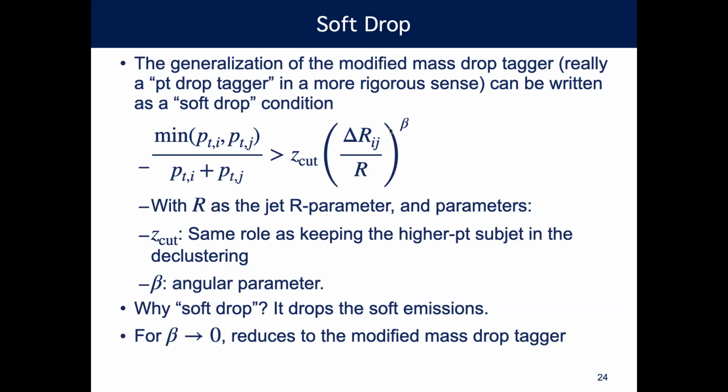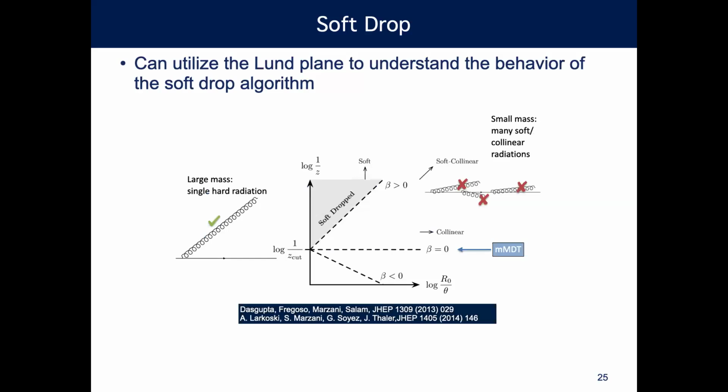The generalization is that you can change this beta. The modified mass drop tagger has beta equal to 0, but the generalization is called the soft drop algorithm, and it's called soft drop because it drops the soft emissions. Yeah, here my references reappeared.